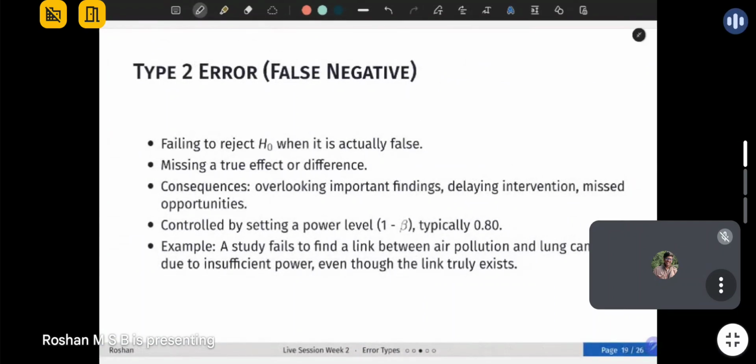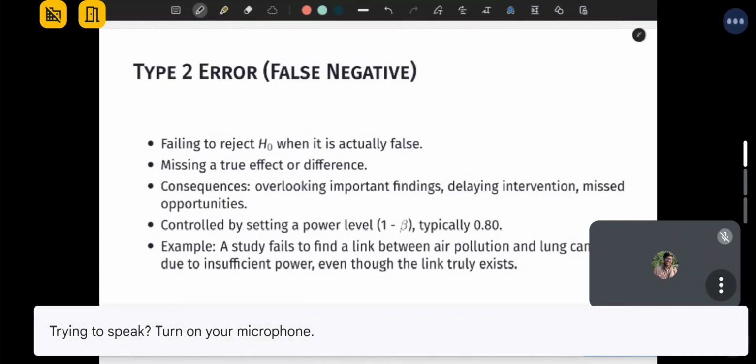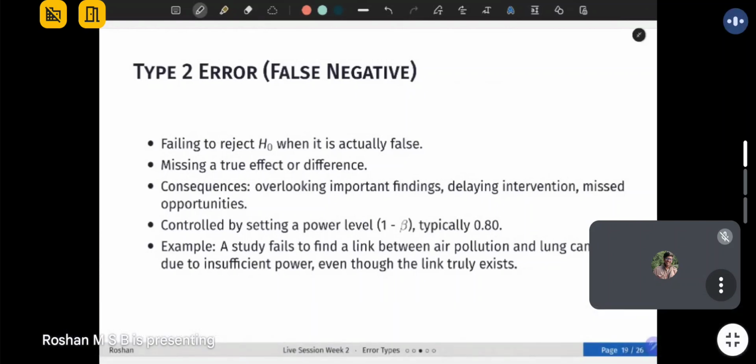So again, type 2 error is failing to reject the null hypothesis when it is actually false. You're actually missing the effect that the new drug actually has. And again, this can lead to various consequences.